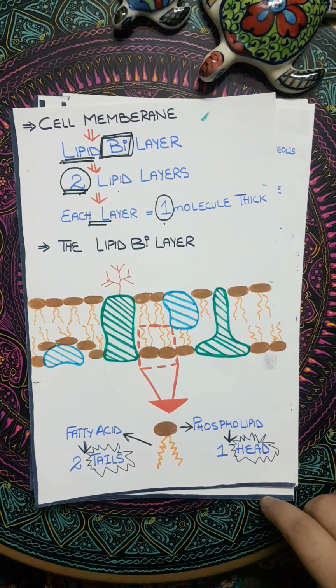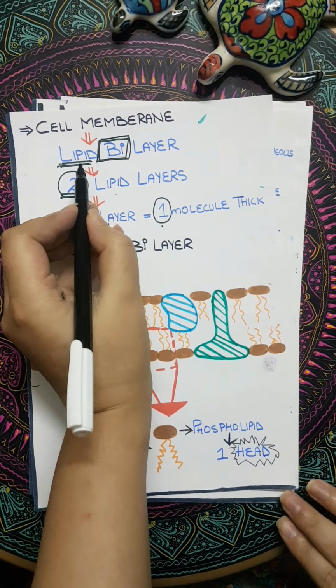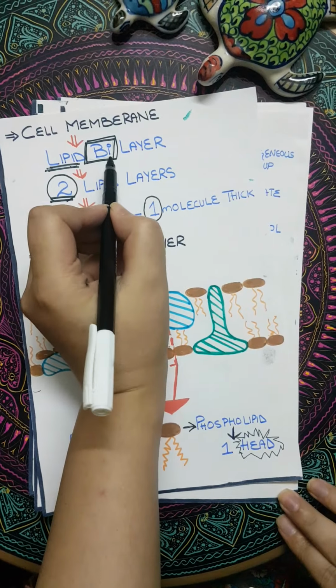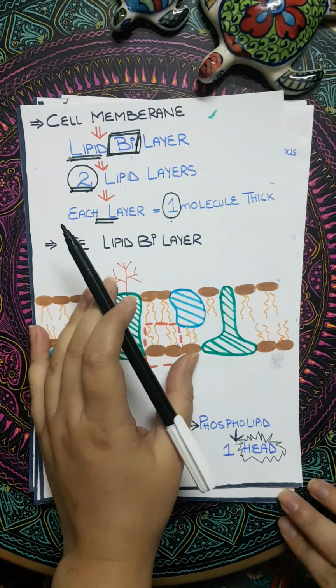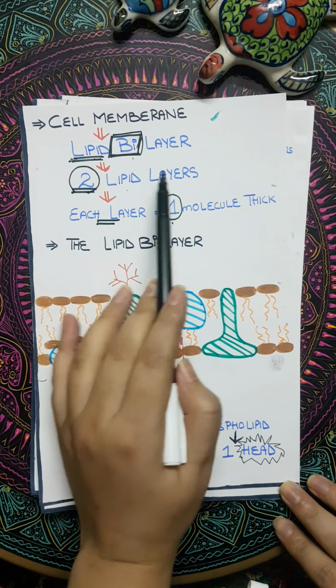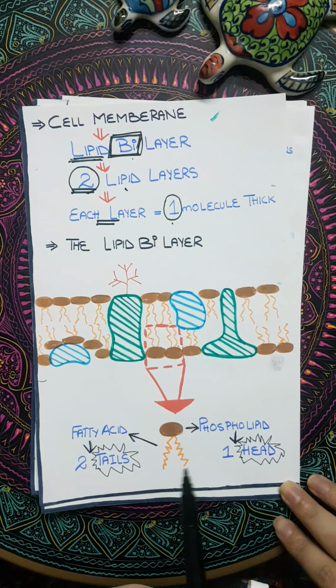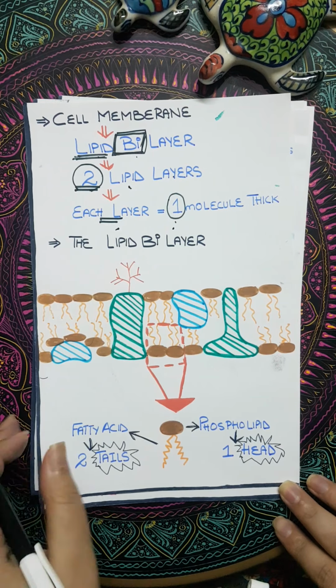Now, this cell membrane is also called a lipid bilayer. Bi here means two, which means that your cell membrane is made up of two layers of lipid, and each layer is one molecule thick.